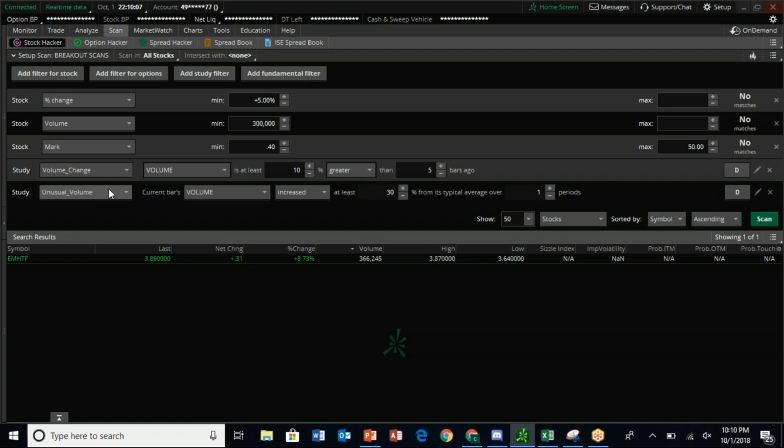And then the unusual volume I use in conjunction, and that is the current bar volume is increased at least 30% from its typical period. So it's more relative to its average, and that makes sure that I'm not just getting the volumes of just a random spike.